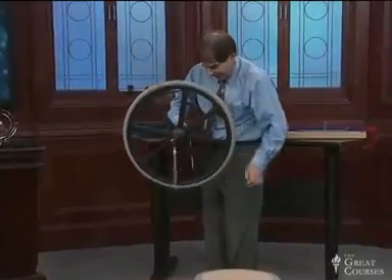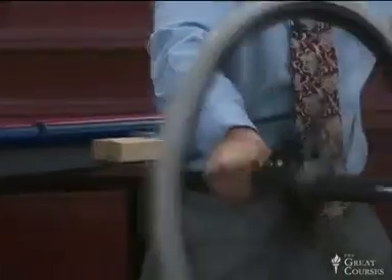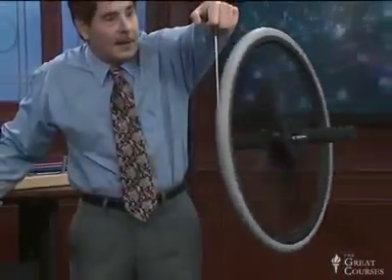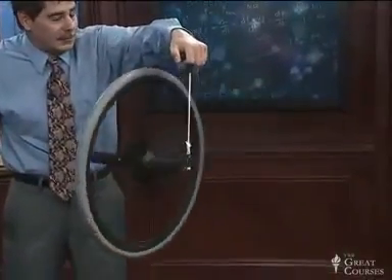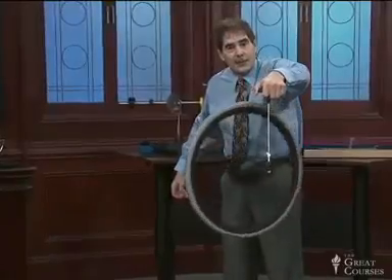And I'm going to spin the wheel again. And I'm going to suspend the wheel. And lo and behold, instead of falling over, it goes round and round and round. Why on earth is it doing that?